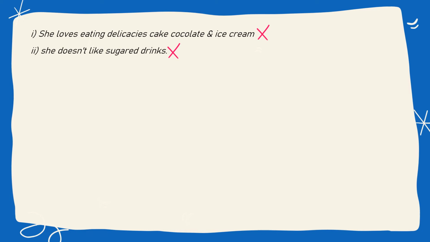So that is already wrong. What else are the rules not followed here? The missing word like. She loves eating delicacies like. Like is not included here. So that makes the answer wrong.